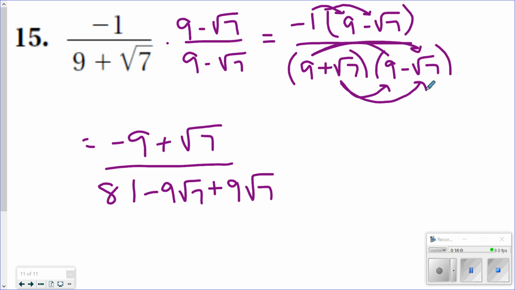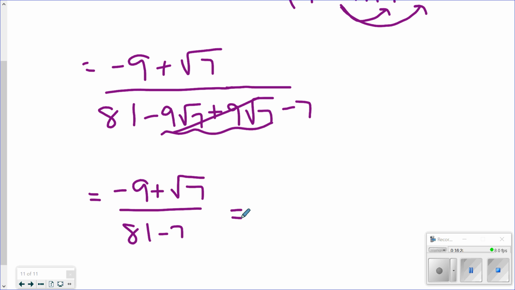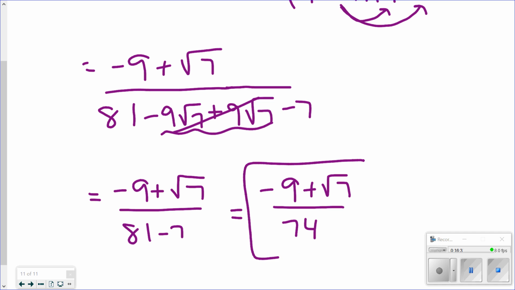Square root of 7 times negative square root of 7 is -7. You can plug that right into your calculator. My middle piece does cancel out. And I have -9 plus the square root of 7 divided by 81 minus 7. Simplify the denominator once again, and -9 plus the square root of 7 divided by 74. That is my final answer, and I'm done.